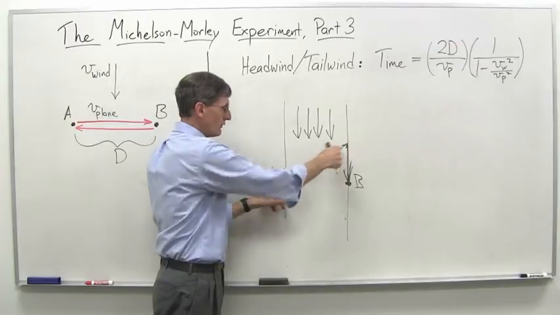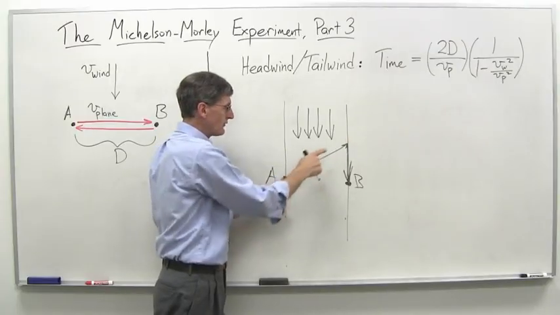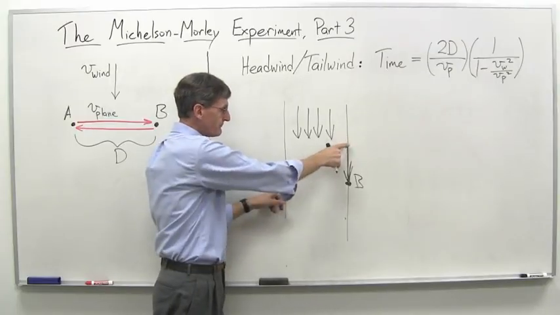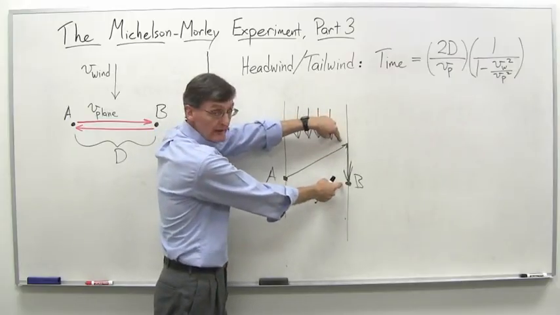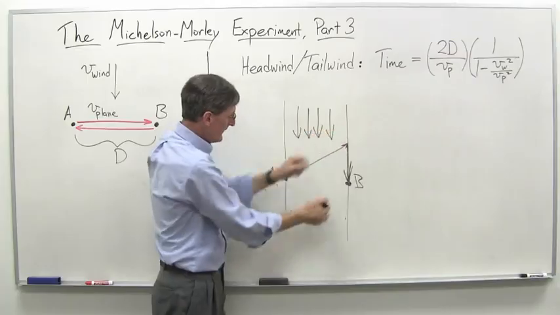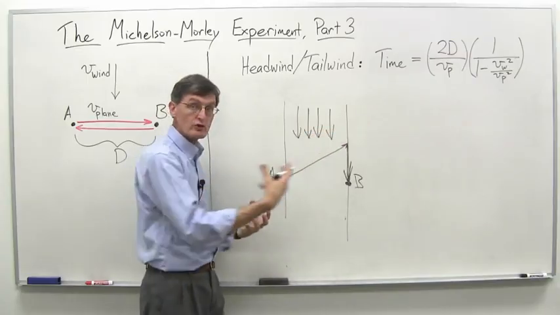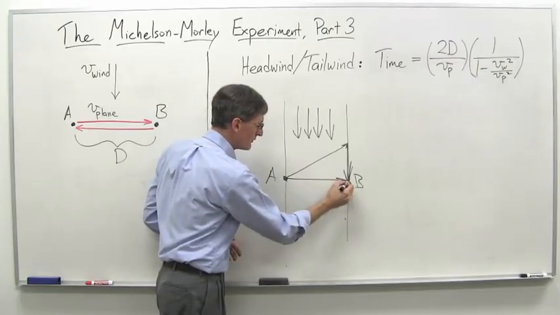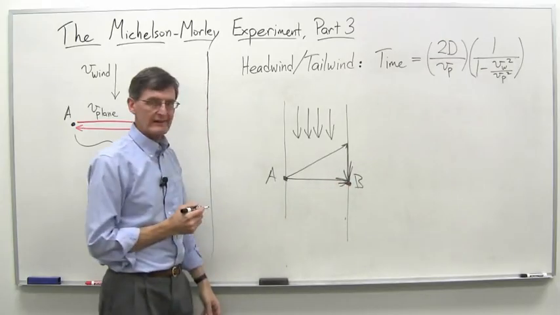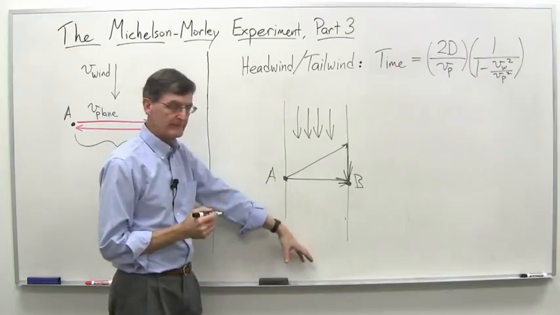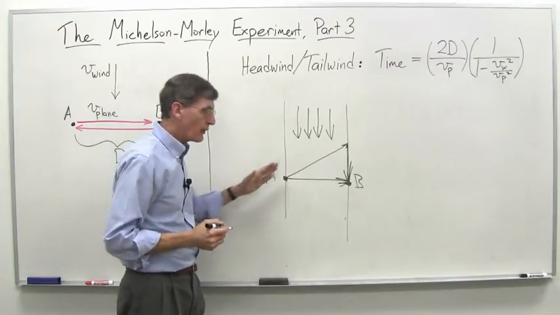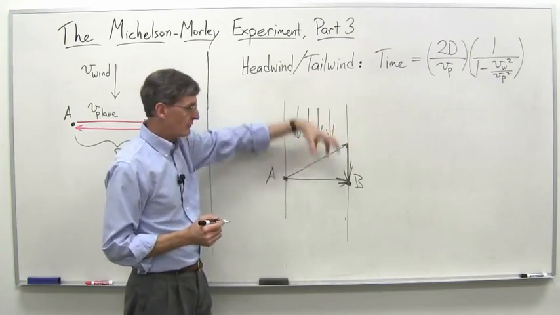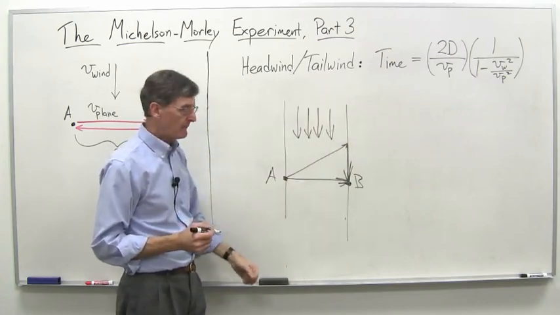So here's one arrow, that's my actual velocity going across, and the river is pushing me down with this velocity here, and therefore my resultant motion through the water, which is what I'm interested in, is going to be straight across, and so I'm going to get to point B instead of ending up downstream. So I have to swim partly upstream, so the current carries me downstream, so I end up at B.